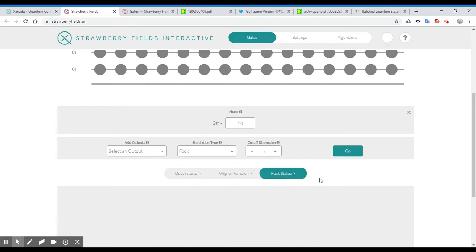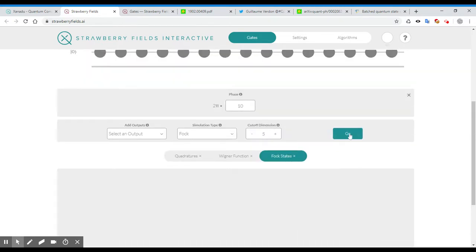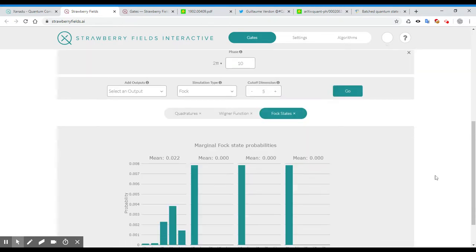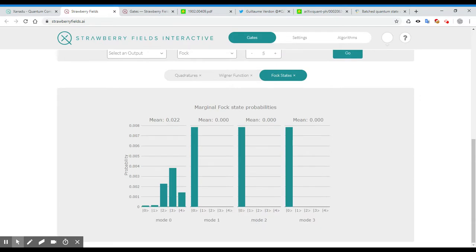I can see different things in here. That's interesting. Fock states. So that's the... okay, 3. Aha, that's actually like states.